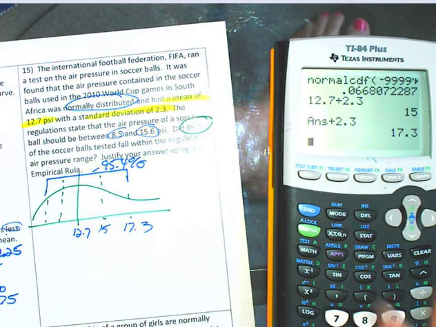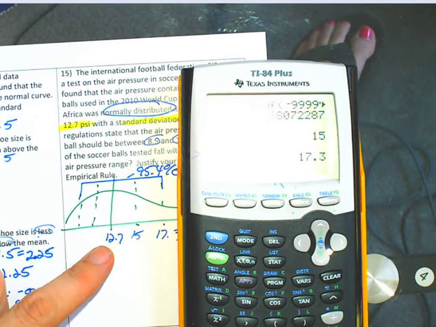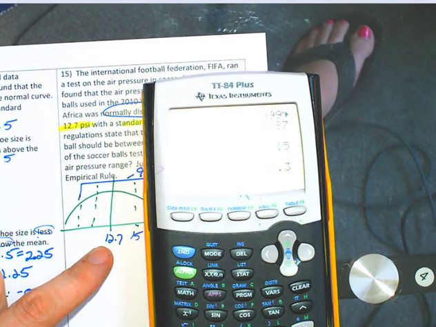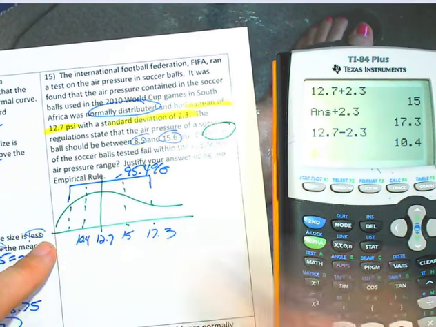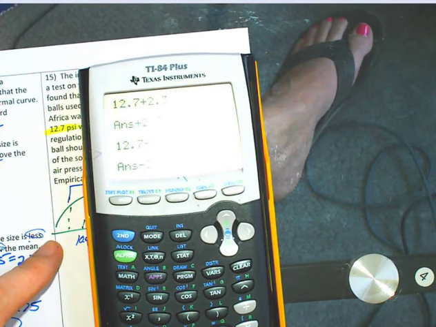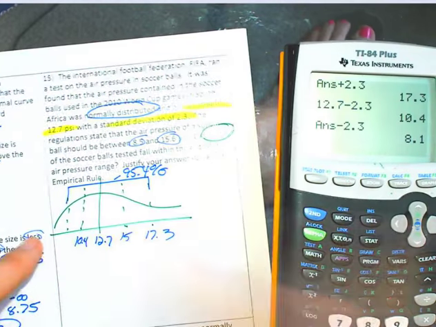Then we're going to go down because we're going to do 2. So 12.7 minus 2.3 is 10.4, and then minus 2.3 again is 8.1.